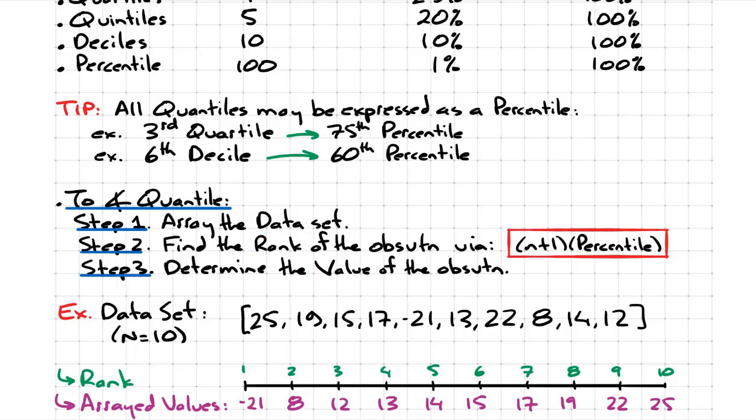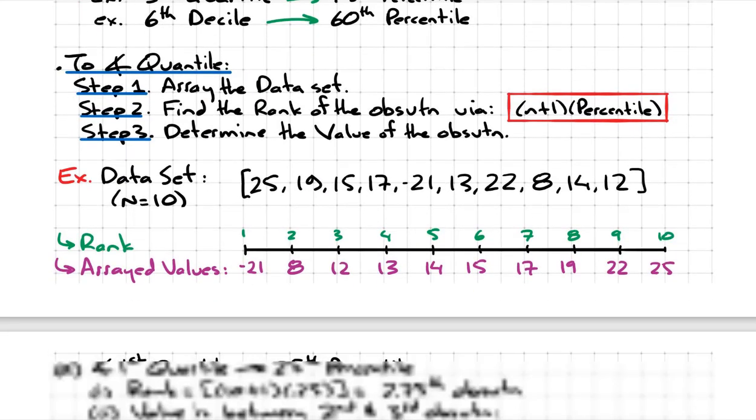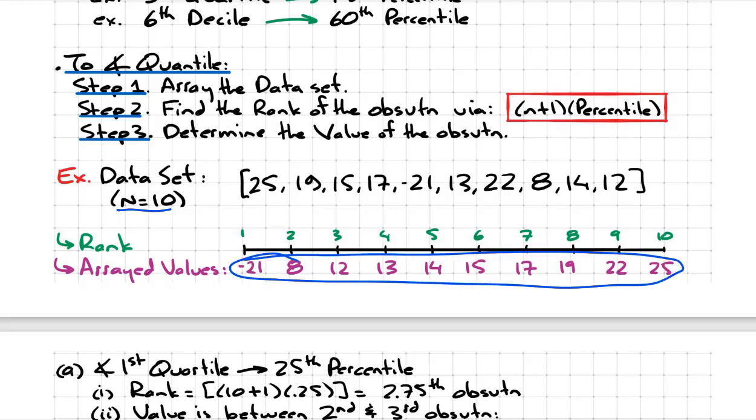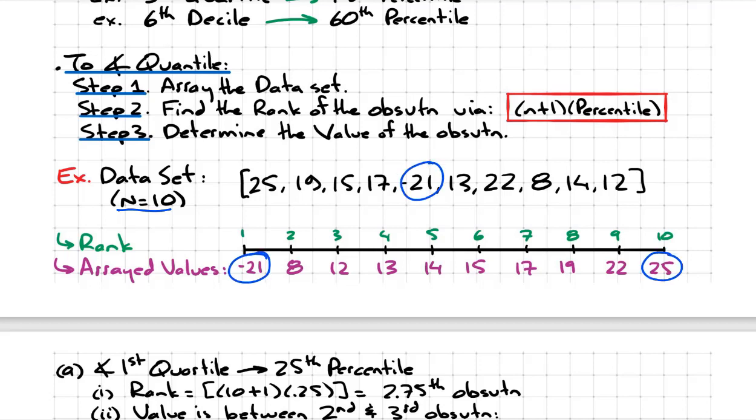So let's have a look at an illustration. Suppose that the data set, which has 10 observations, includes the following observations. You can see clearly this is raw data because it's not in order. So the very first thing we have to do, and you can see me doing that here, is rank the observations in order, starting with the lowest number, which is minus 21, and ending with the highest number, which is 25.